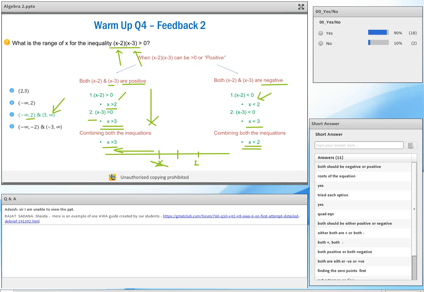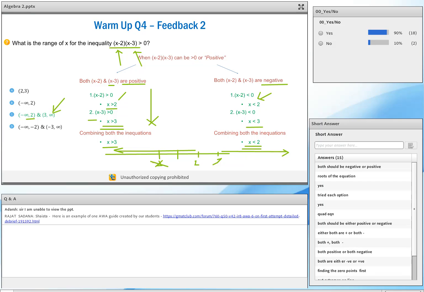Sorry about that. All these numbers represent minus infinity to 2. And then you have 3 over here, and all these numbers represent 3 to plus infinity. Okay, so that's how you solve such questions.